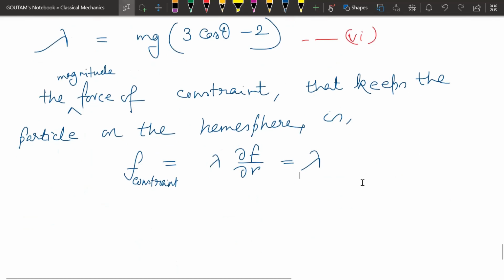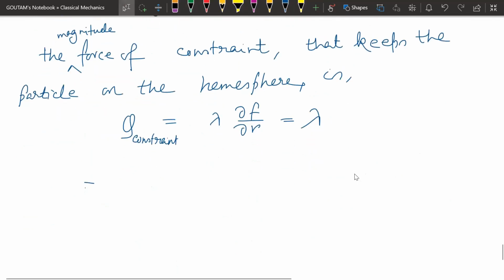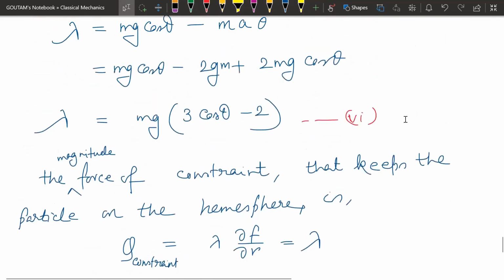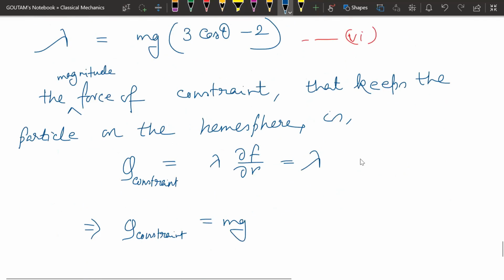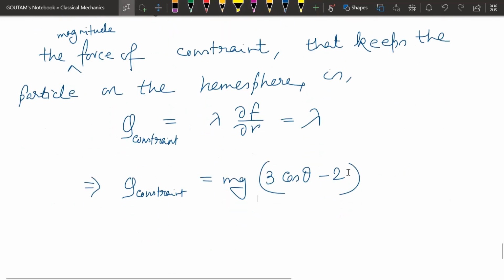Let's define it as Q constraint, the generalized force. Then Q constraint equals, from equation 6, mg times 3 cos theta minus 2. This will be the generalized force of constraint.